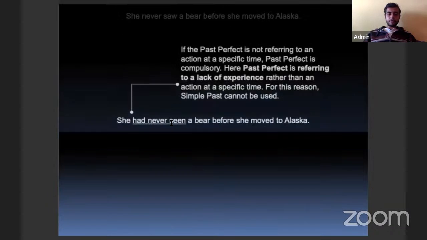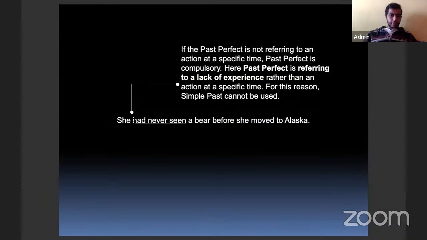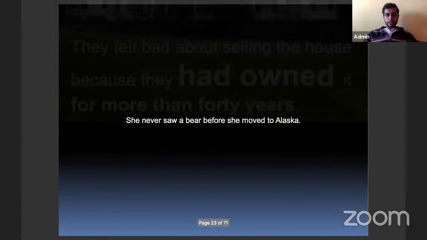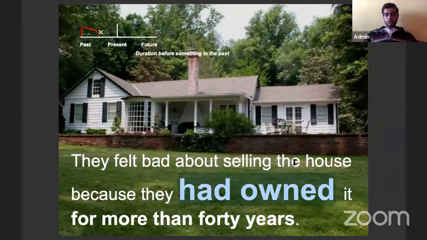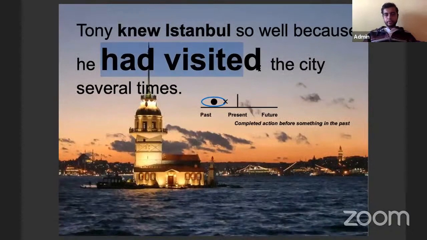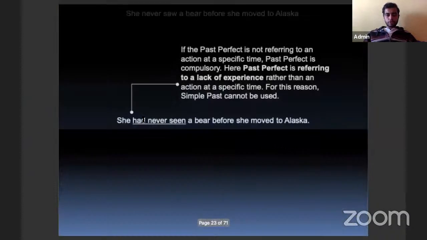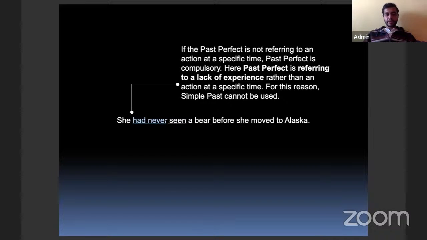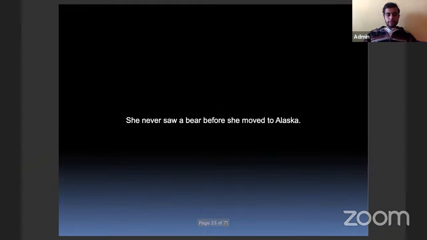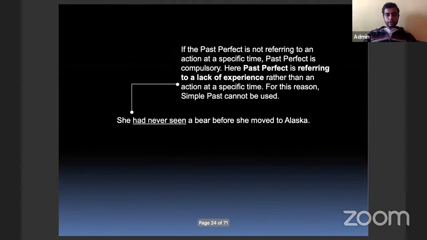Now, if you convert it to past perfect, she had never seen. Again, look at it. Had owned, had visited. This is past perfect. Had. So you are converting the simple past sentence, she never saw a bear before she moved to Alaska, into past perfect: she had never seen a bear before she moved to Alaska.